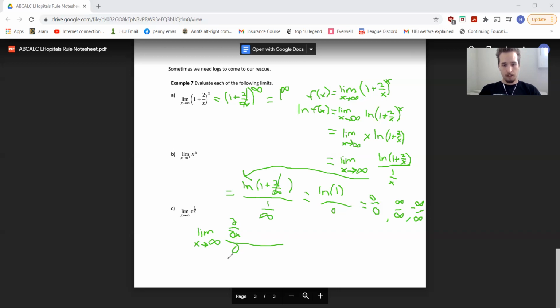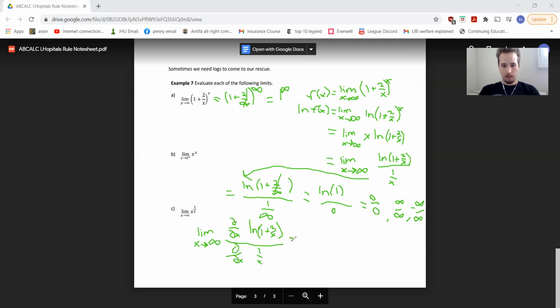So you're not taking the derivative of the entire expression, you're taking the derivative of the numerator and the denominator separately. So remember, we have ln of 1 plus 2 over x, and we have 1 over x.